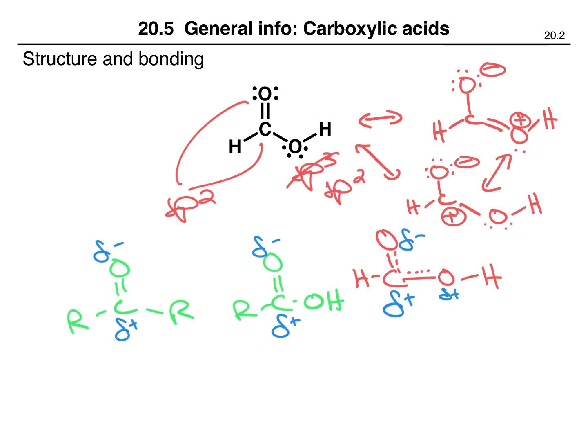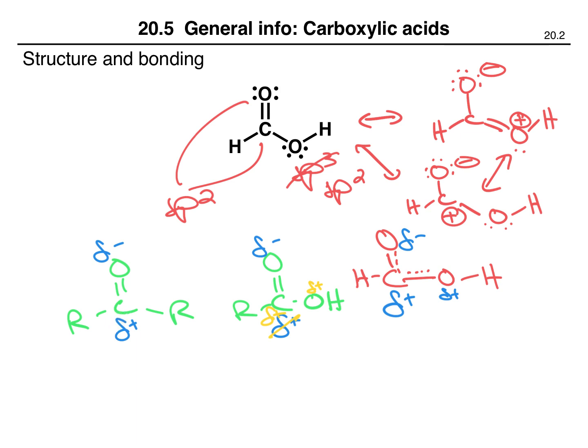But because this oxygen can donate some electron density by resonance, more so than the alkyl groups can donate electron density by inductive effect, this partial plus is actually going to be spread out a little bit between the oxygen and the carbon. So this partial plus on the carbon is going to be smaller than the partial plus on a ketone or aldehyde carbon. In other words, a carboxylic acid carbonyl carbon is less reactive toward nucleophilic attack than what we've seen with aldehydes and ketones.